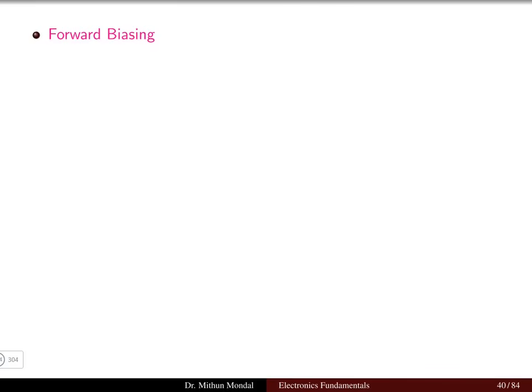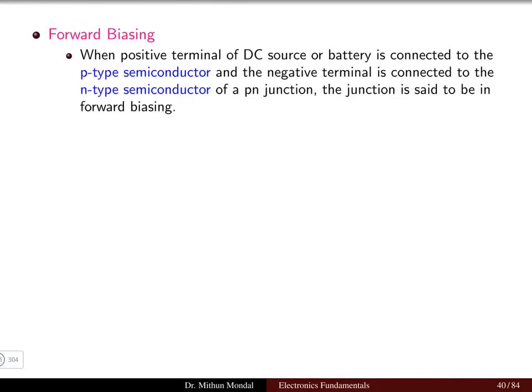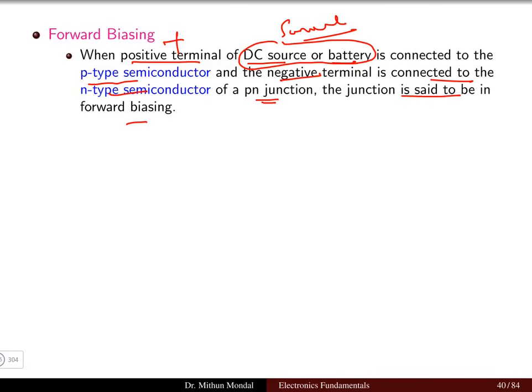Now biasing can be of two types: one is forward biasing and the other is reverse biasing. So what is forward biasing? When the positive terminal of a DC source or a battery is connected to the p-type semiconductor and the negative terminal is connected to the n-type semiconductor of a p-n junction, the junction is said to be forward biased. Here, this will be the p-type material and this will be the n-type material.